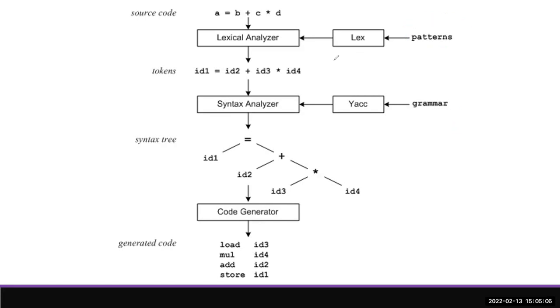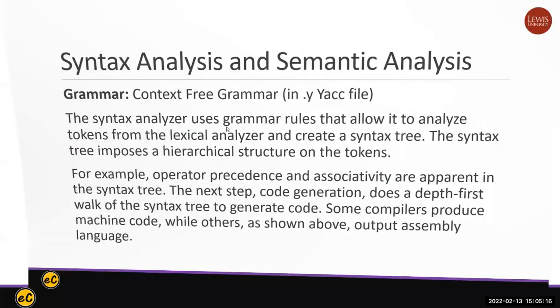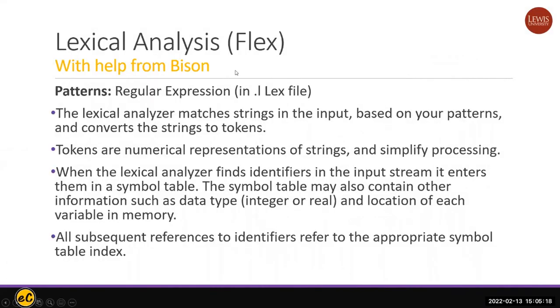That file is fed into Lex, which generates some C code that is combined into the lexical analyzer. So that is step one, the .l or .lex file. The lexical analyzer matches strings in the input based on your patterns.